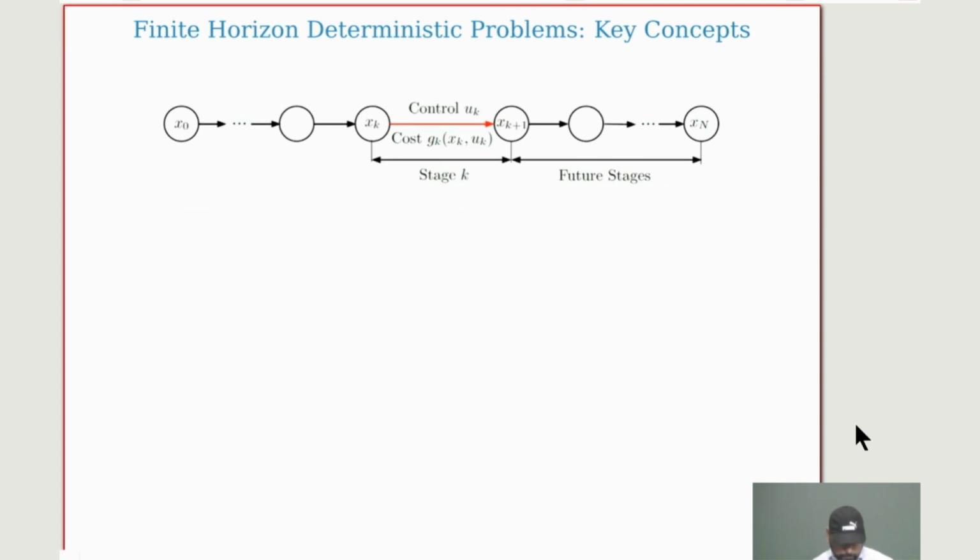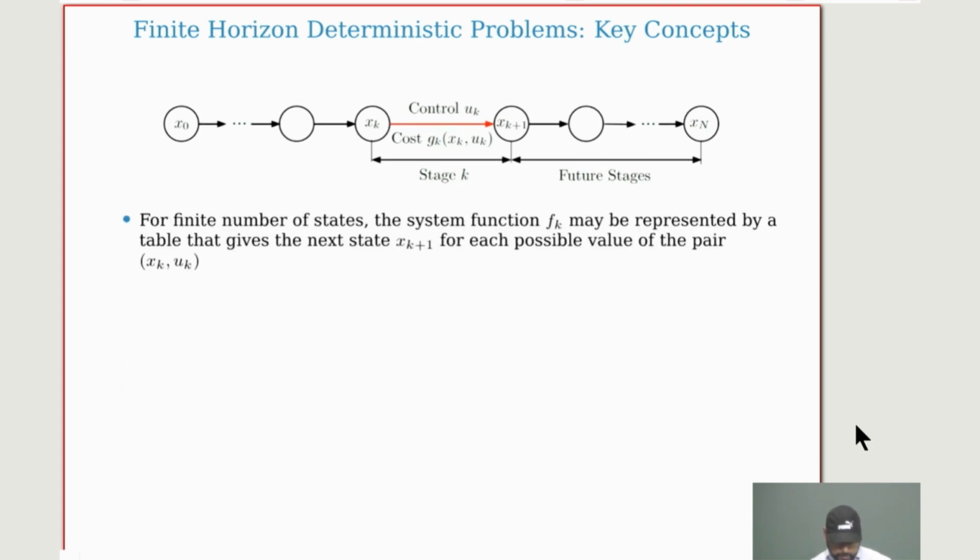For a finite number of states, the system function fk may be represented by a table, as I said, that gives us the next state xk plus 1. Finite here means a reasonable size table, like you don't want a very big table of billions of rows or columns, right? Then fk may be represented by some table.